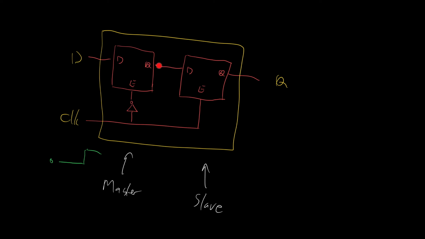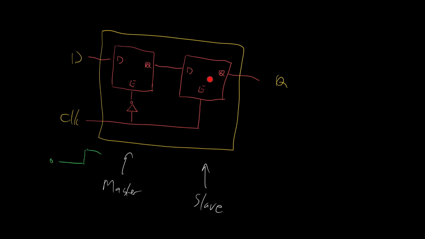The output instead remembers the last value of D it saw before the enable pin closed off. So at this rising edge, the value of D just before the rising edge, so to speak, is what gets output to Q in this middle point here between the master and the slave D-latch.